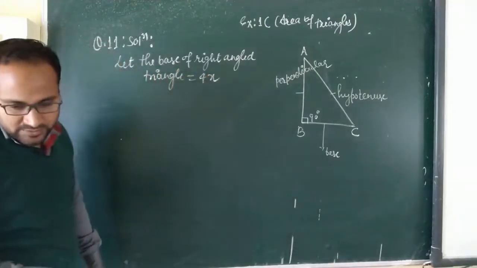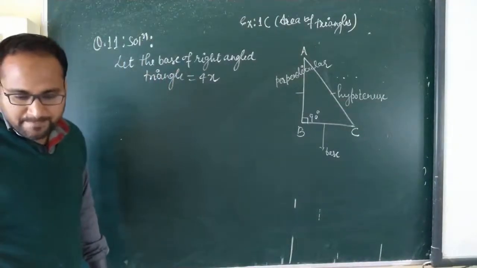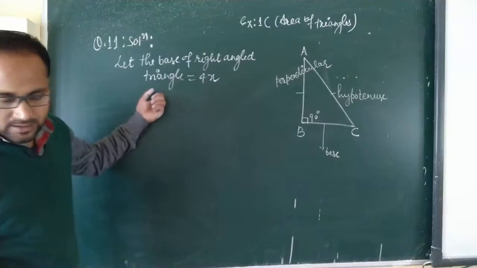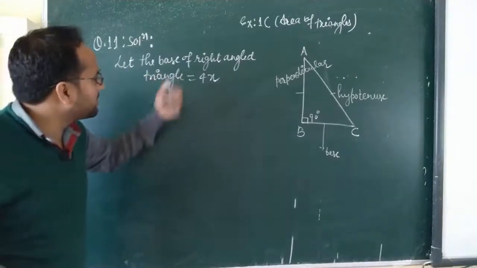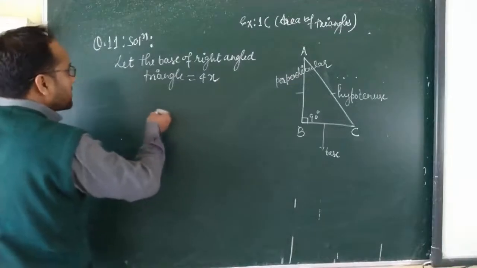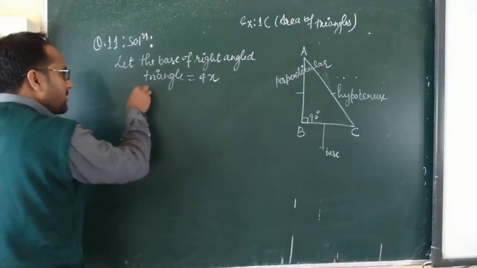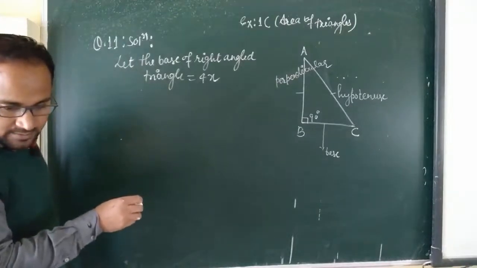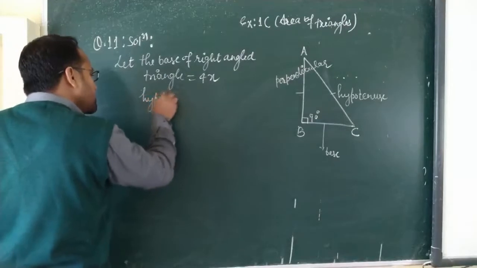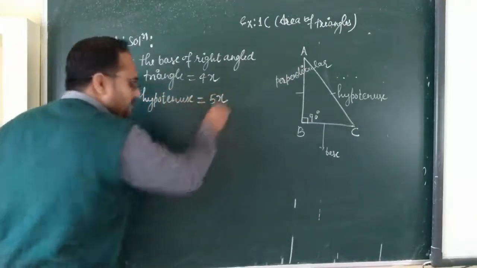Okay, the ratio is given as 4:5. So I have supposed that the base of the right angle triangle is 4x and the hypotenuse is 5x.